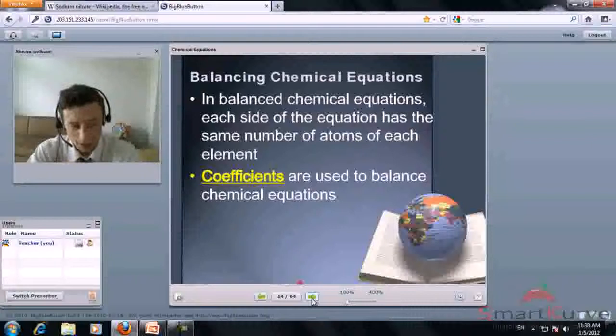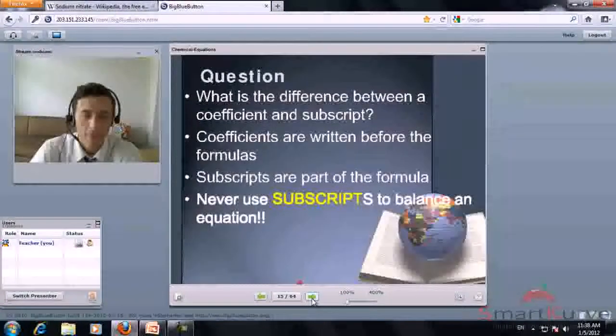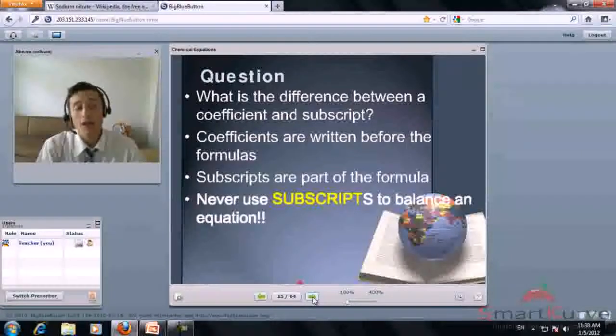And to do this, we have to use coefficients. These are the large numbers that we put in front of a compound or an element in a reaction to balance the chemical equation.